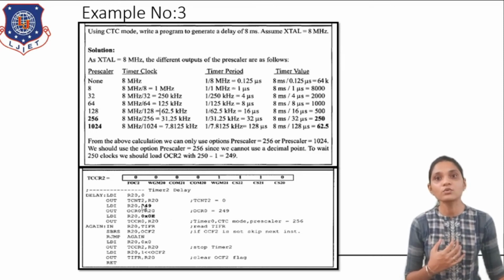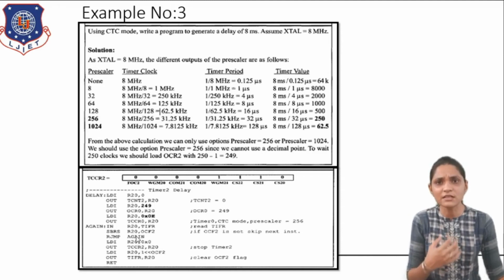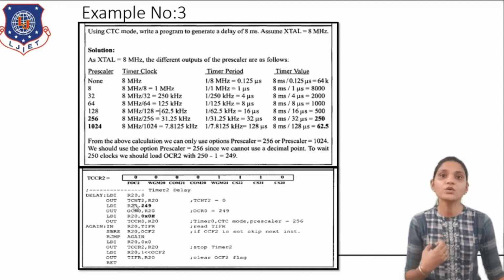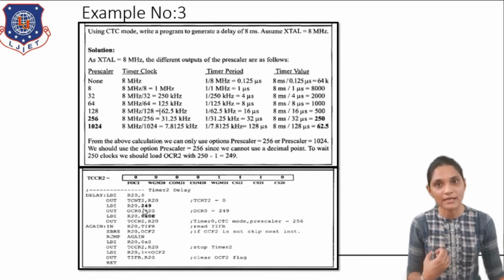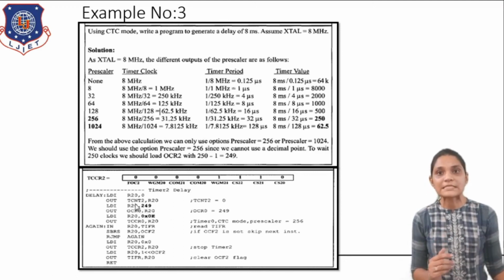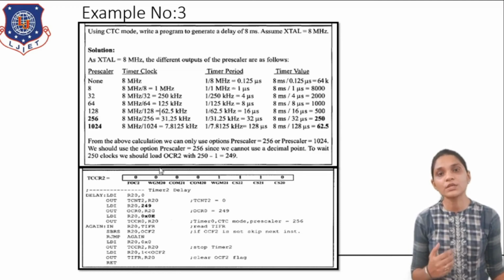Then you have to create the code for the delay, which is nearly the same as what we have seen in the previous case, but the counter value will be different. First we will load the counter value, that is 250, into register R20, and then send it to the output compare register, OCR2, with the value of this count, that is 250.